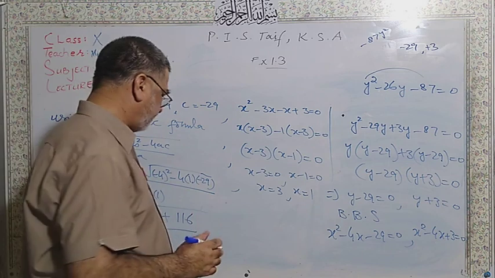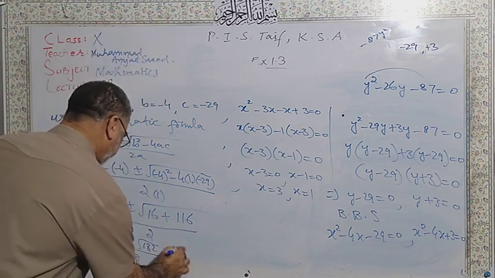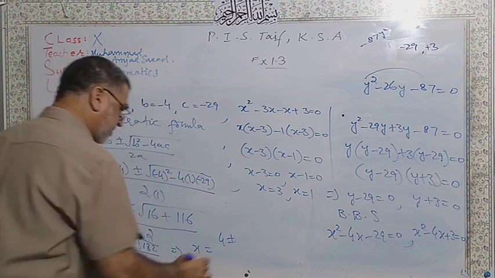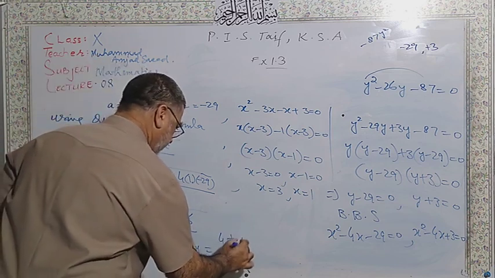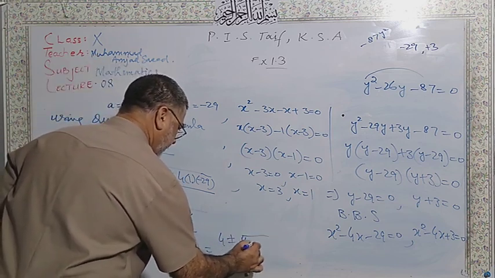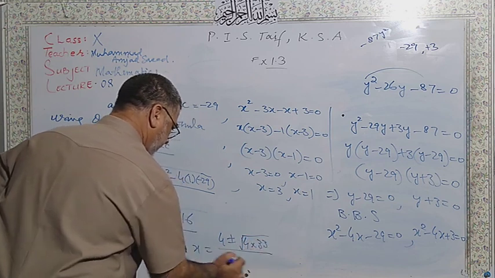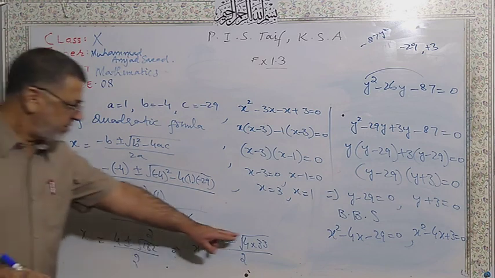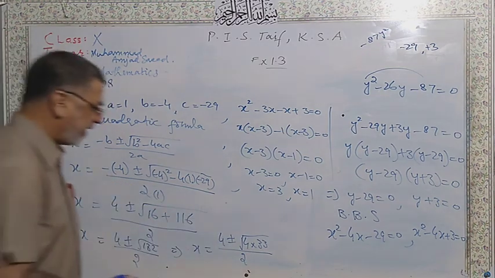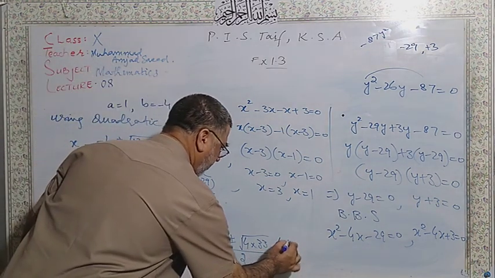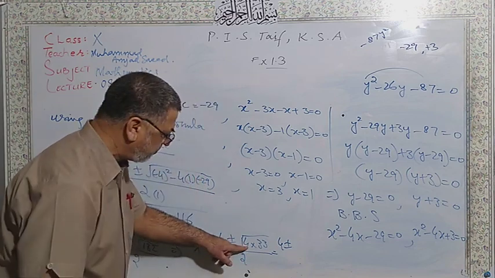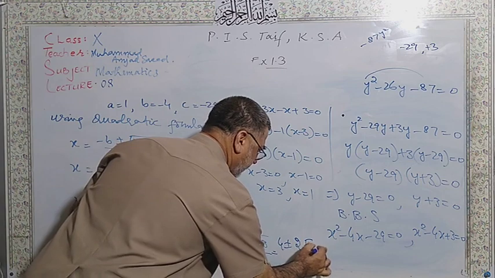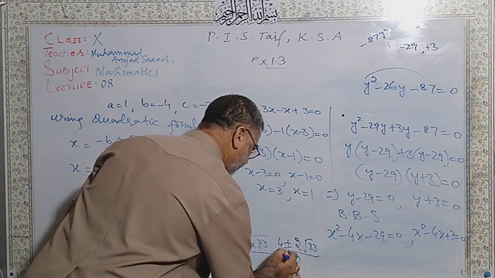So we have, implies that x is equal to 4 plus minus, in the square root, this is 4 into 33 over 2. So we can write down 4 plus minus, take 4 outside, it will become 2, root 33 over 2.